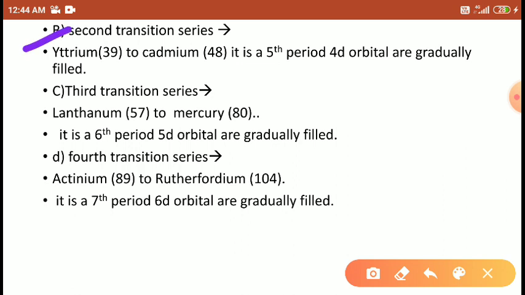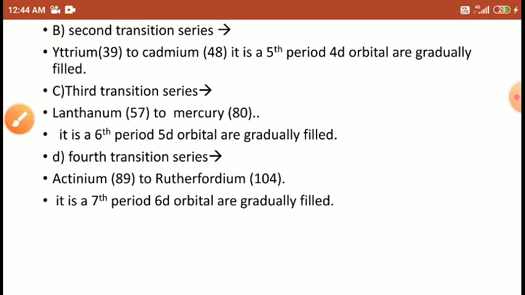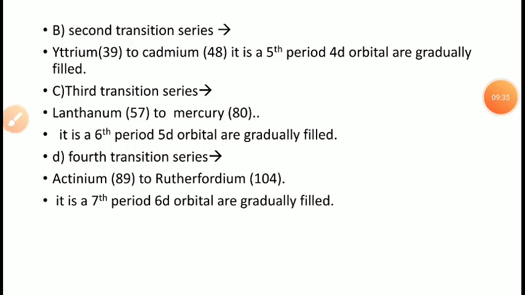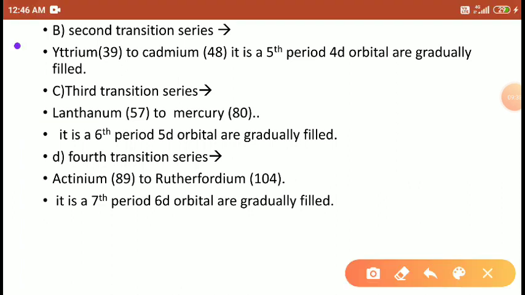The second transition series, yttrium to cadmium, atomic number 39 to 48, is in the fifth period, and the electrons are filled in the 4d orbitals.